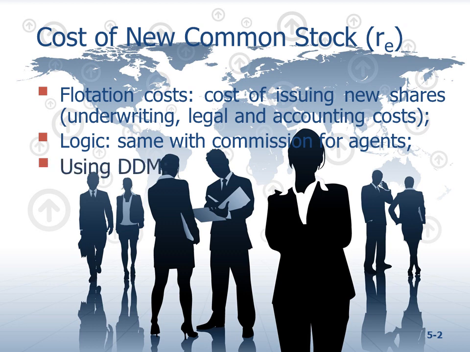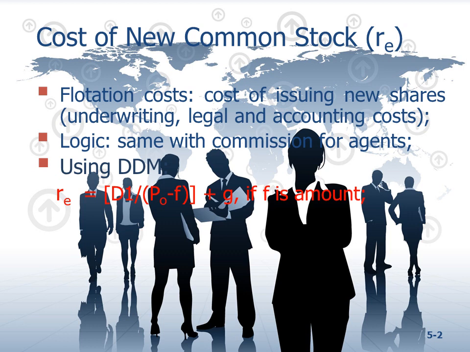For the cost of new common stock, we'll be using the DDM because among the three models, the CAPM, DDM, and the bond yield plus risk premium, you can apply the flotation cost in DDM because there's a stock price wherein you can apply it. Our formula uses the constant growth model.